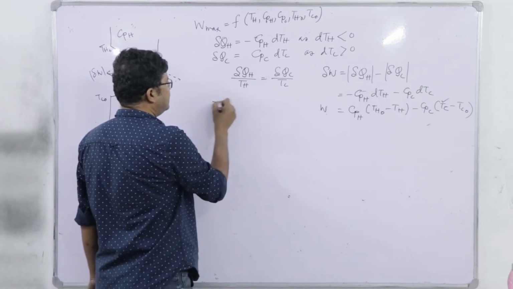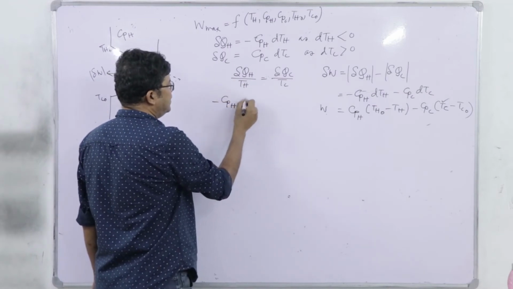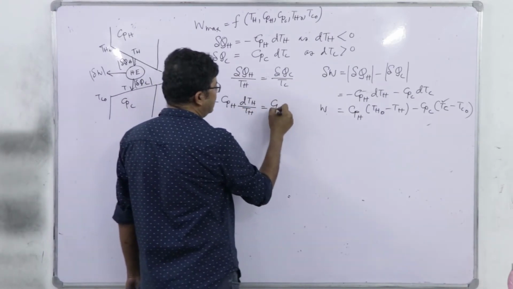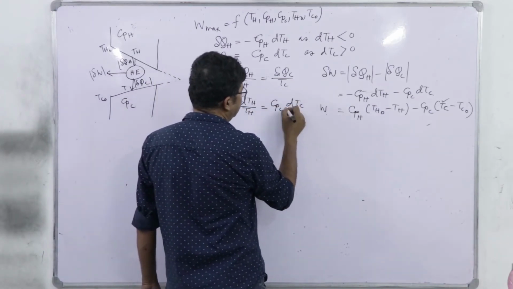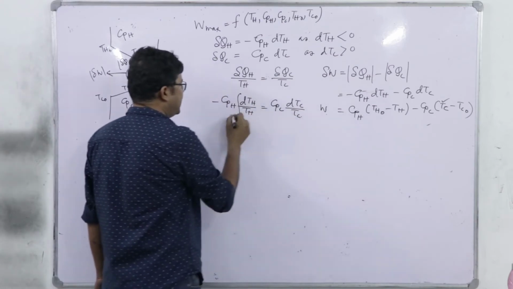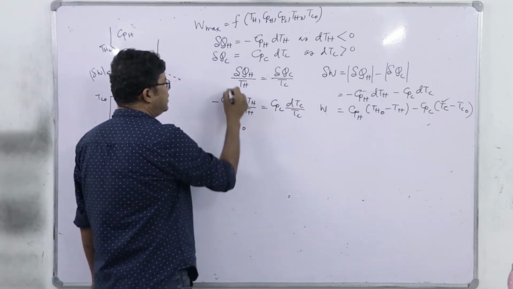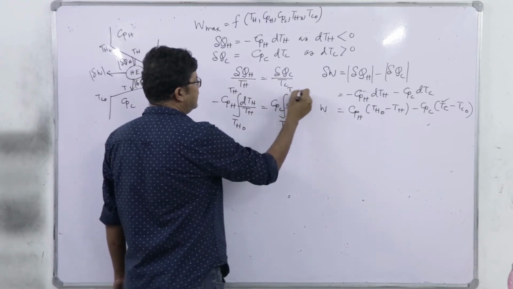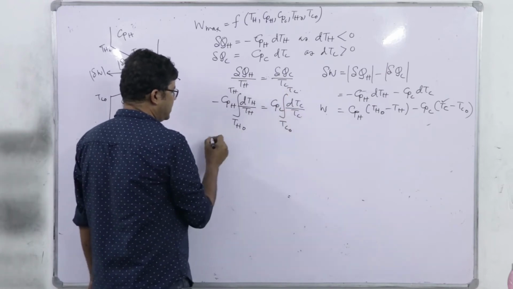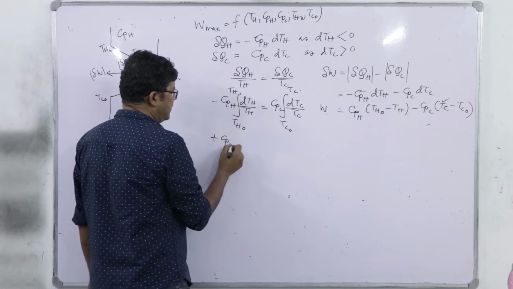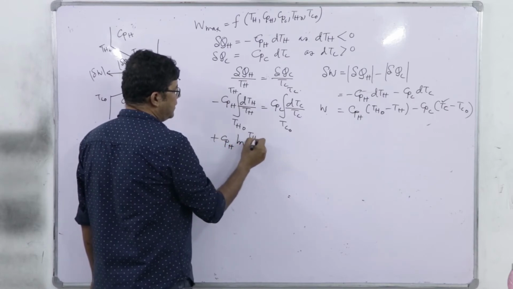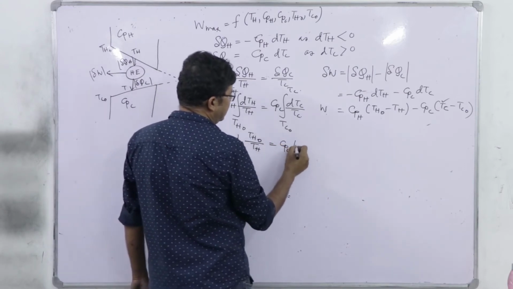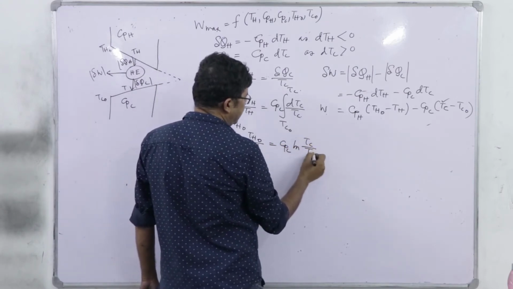So, dQH is equal to minus CPH dTH by TH, and this is CPC into dTC by TC. So, if I integrate it from TH naught to TH, and here from TC naught to TC, what I will get? CPH ln of TH naught by TH is equal to CPC ln of TC by TC naught.